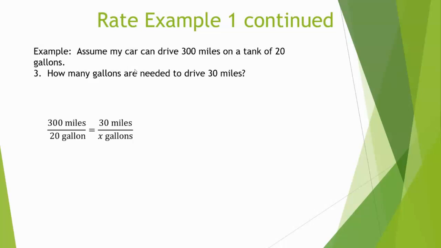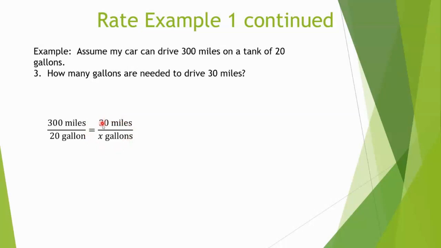Here I'm using the rate 300 miles over 20 gallons, but that's okay. What's unknown here is the number of gallons of gasoline. But it's the same idea. We're driving 30 miles over x gallons of gasoline.